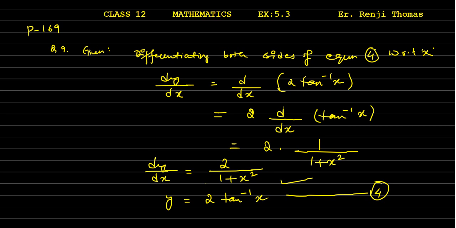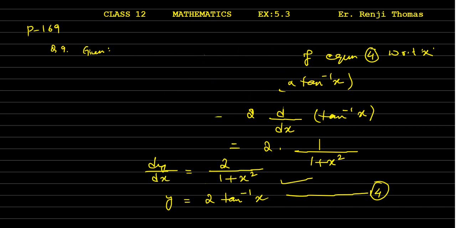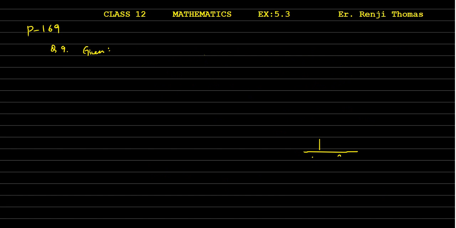Next up, my dear students, we will be doing question number 11. Let me just copy that question number 11 from your textbook. First and foremost, I'm going to write here given.